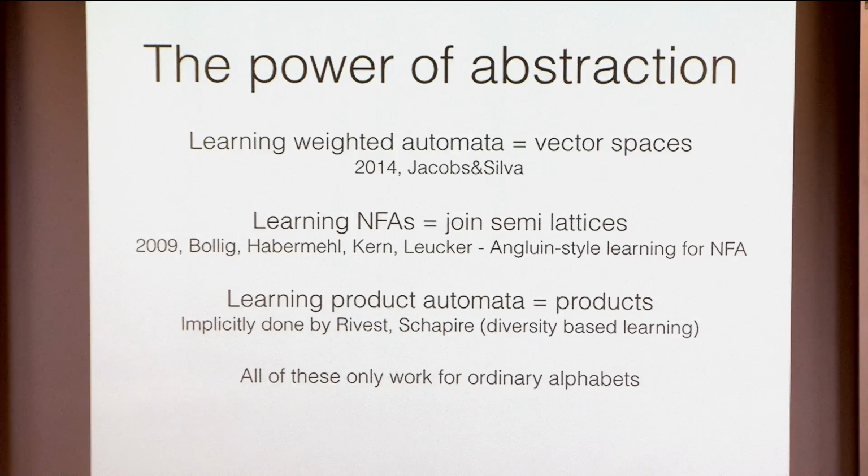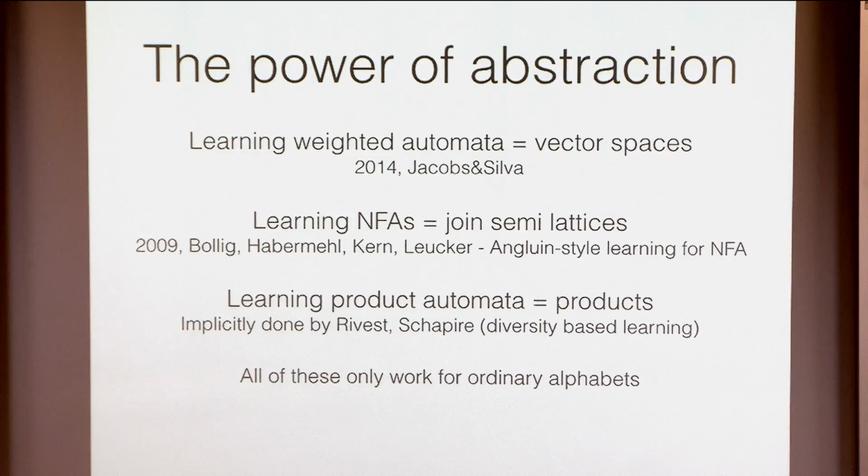From that, we had already observed in 2014 that you could learn a certain version of weighted automata, basically by changing the base category to vector spaces. There was a paper from 2009, which was not done categorically but very concretely, where they present an Angluin-style algorithm for NFAs, and in fact, it can be obtained from this categorical perspective by replacing sets by join semilattices.